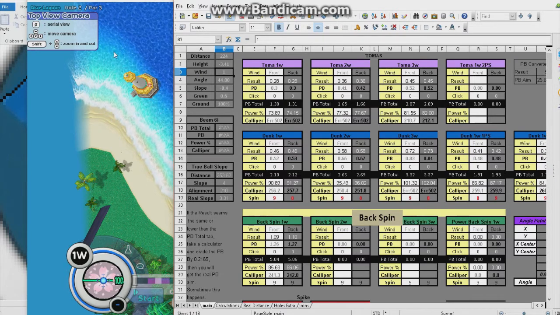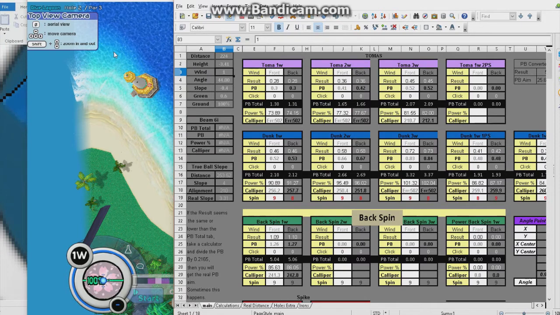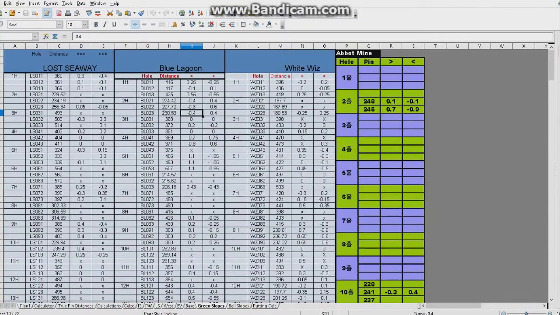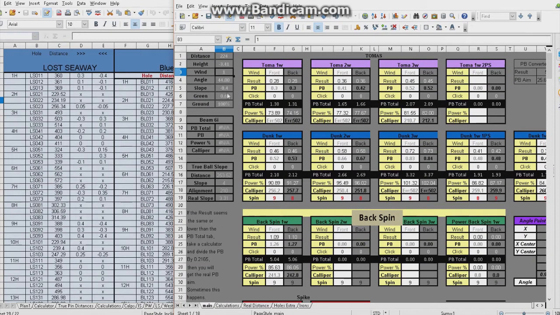So now I'm going to find the green slope for a 224 right wind. It is negative 0.4, and we actually already have that in there, so that's good. Actually, no, that's for regular slope. What am I thinking? I'm going to put a negative 0.4 for a green. Now I'm going to do a backspin with 1 wood.